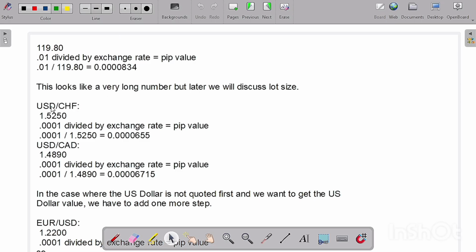So let's go on. Let's take USD CHF, which maybe is trading at 1.5250, which now has 4 decimal places. So the place value of 0.0001 divided by the exchange rate is equal to the pip value. Using your calculator, as I have been repeating, this is not the number you will get.